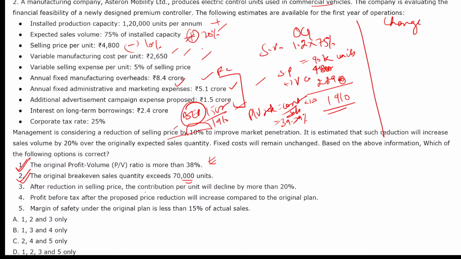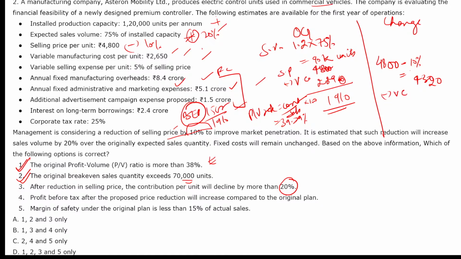After reduction in selling price, the contribution per unit will decline by 20%. Okay. Let's see. They are saying after reduction in selling price. So 4,800 minus 10% will give you the revised selling price of 4,320. What is your variable cost?